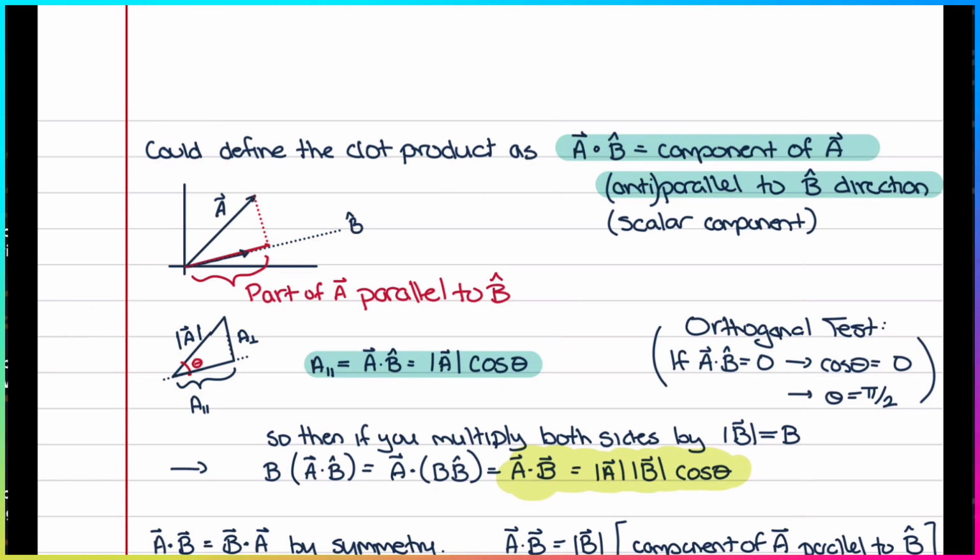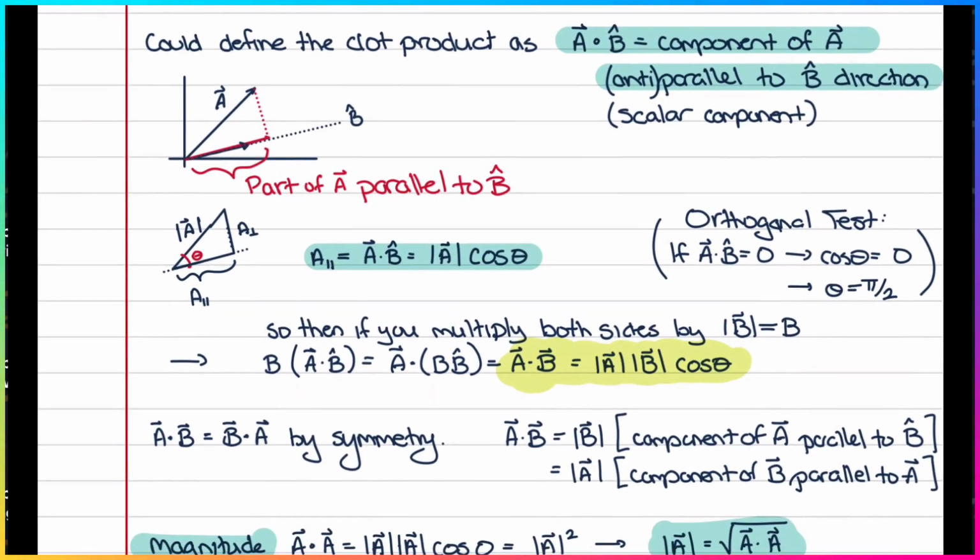All right, so anyway, the component of A that is parallel, we just said here, is the magnitude times cosine theta. Now that might start to look familiar, because I can then multiply everything here by the magnitude of B. So I have the magnitude of B multiplied by this dot product.